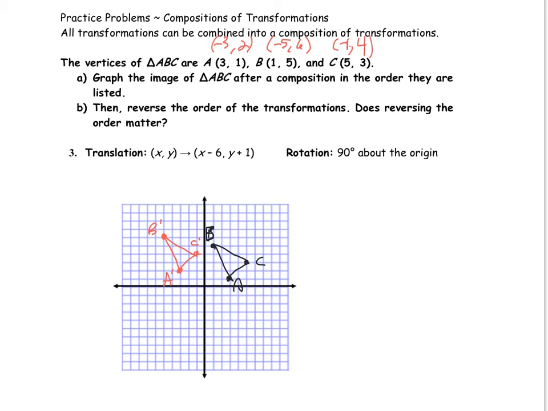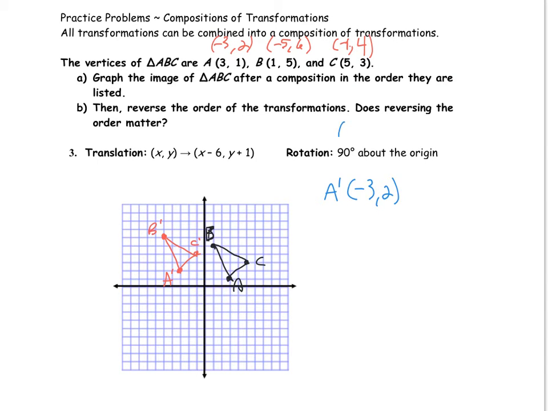And so now we're going to take that image, A prime, B prime, C prime, that triangle, and we're going to do the rotation on that particular image. If we want to take those coordinates, A prime, for instance, is at negative 3, 2.